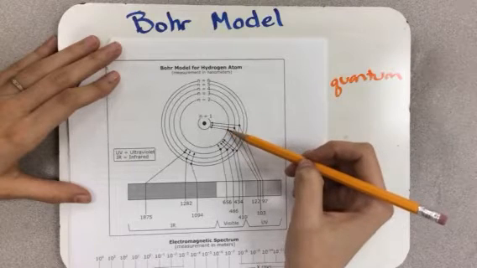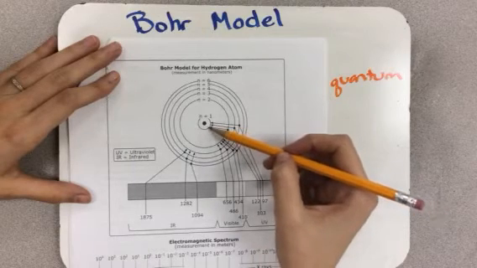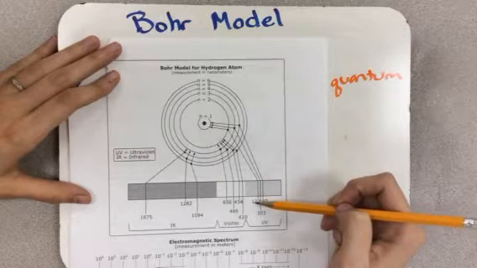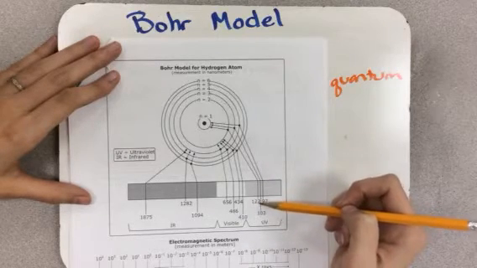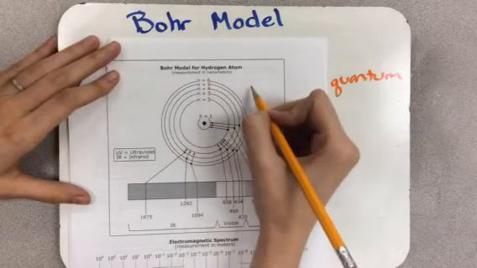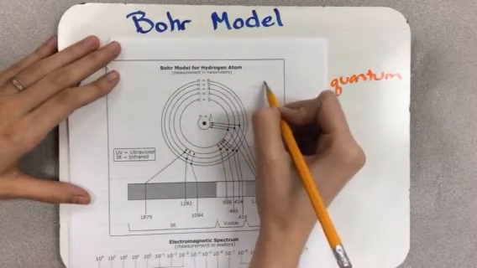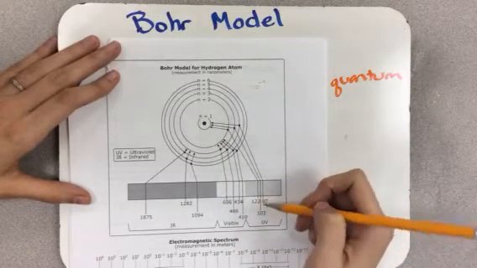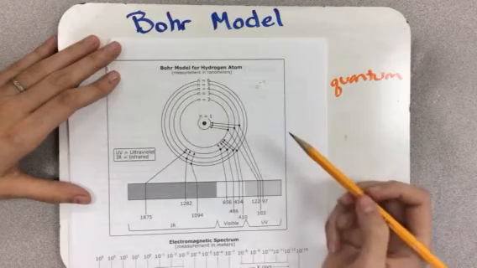If an electron went from the second energy level down to the first, it would release a wavelength of 122 nanometers. You need to remember that nano is 10 to the negative 9th. So this is 122 times 10 to the negative 9th meters.